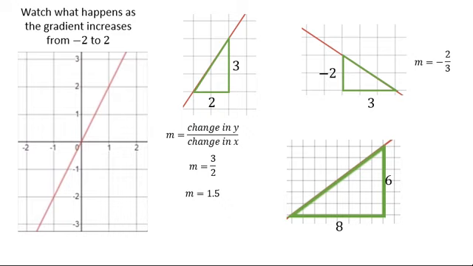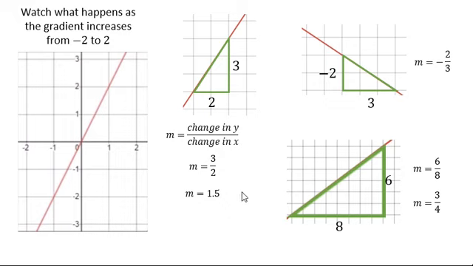When we do our gradient, we'll end up doing our change in y, our vertical height, divided by our change in x, our horizontal distance. So we're going to do 6 divided by 8 in this case, which we can simplify to 3/4.